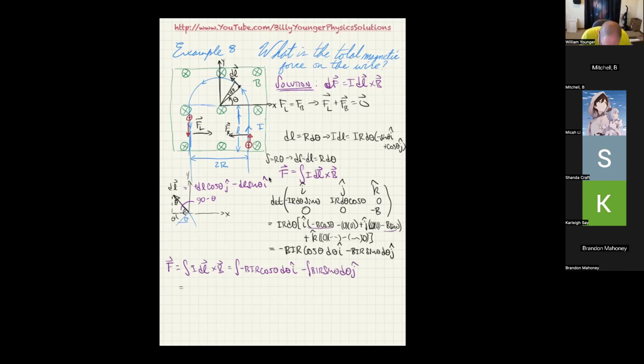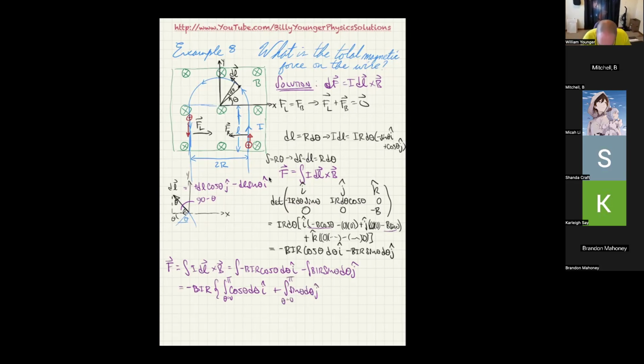I can pull out the B, the I, the r, and I'll get negative B times I times r times the integral from theta equals 0 to pi of cosine theta d theta, and then all that's multiplied by i hat. And then plus, notice I pulled the negative out in front, the integral of sine theta d theta j hat from theta equals 0 to pi.